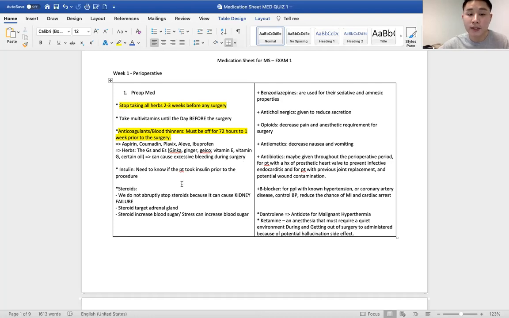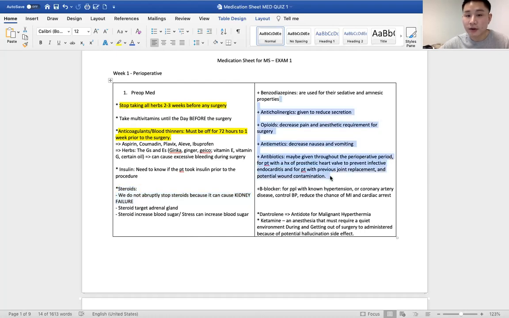And for steroids, we always need to know that we cannot abruptly stop steroids because it can cause kidney failure, because the steroid targets the adrenal gland. The steroid can increase blood sugar, and stress can also increase blood sugars.